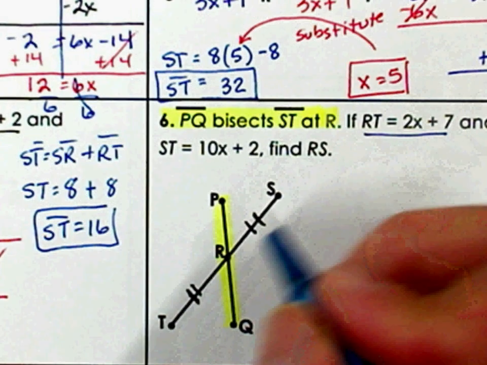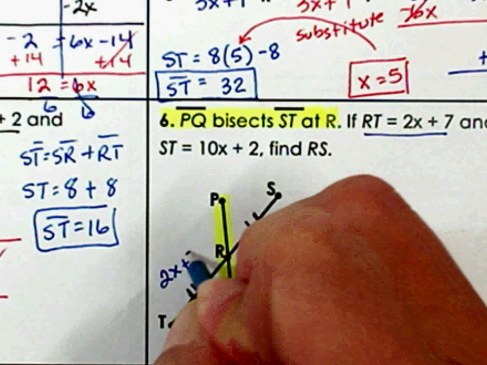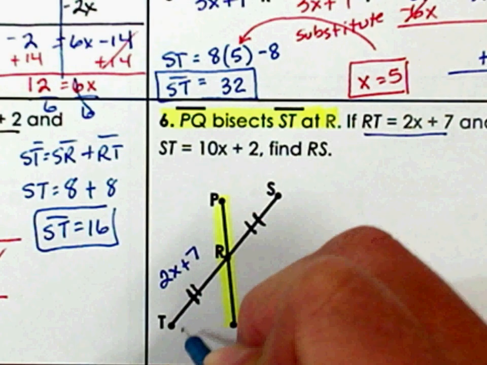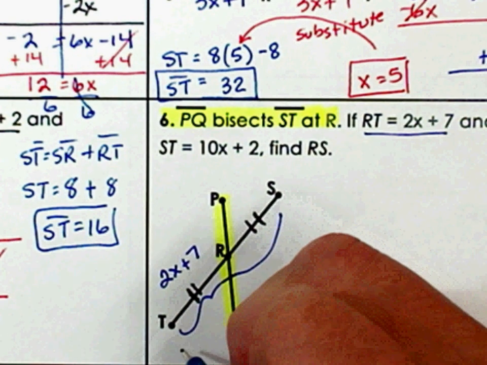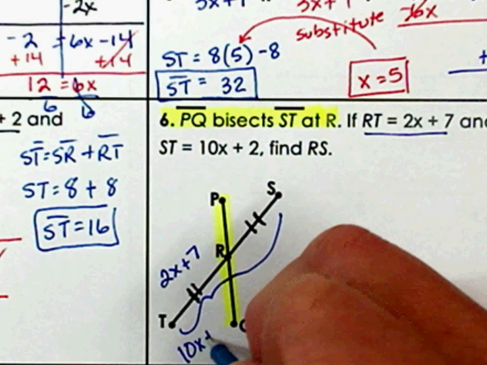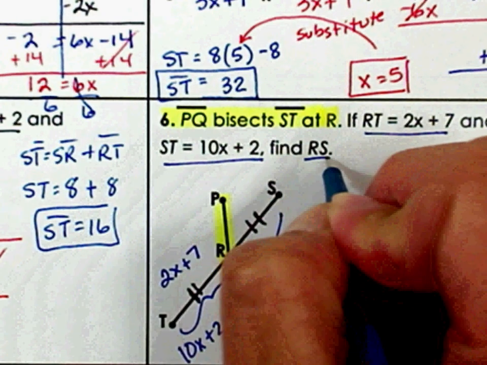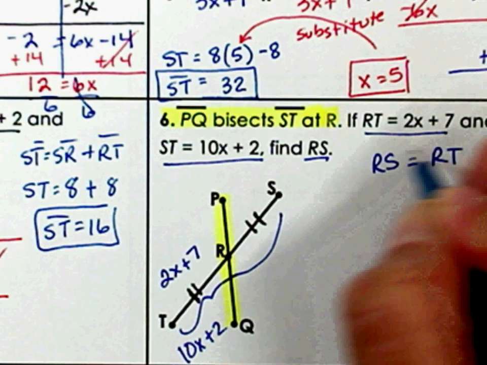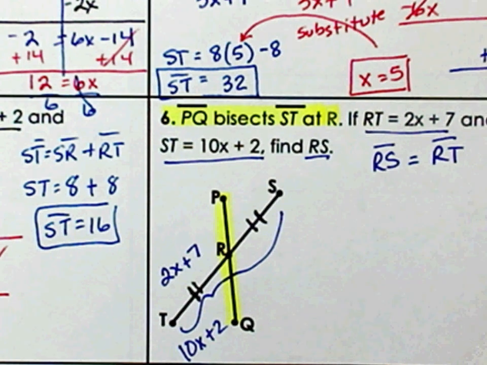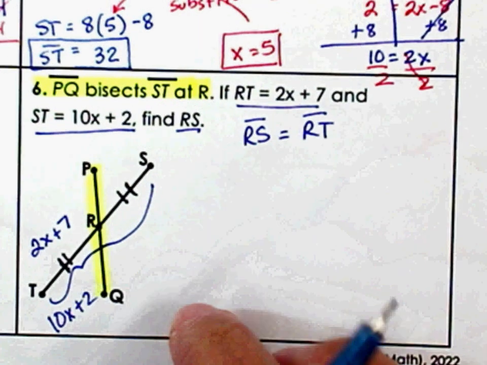RT is 2x plus 7. And ST, this whole thing, is 10x plus 2. Find RS. Isn't RS the same as RT? Okay? So if you can find that, that'll be easy for you.